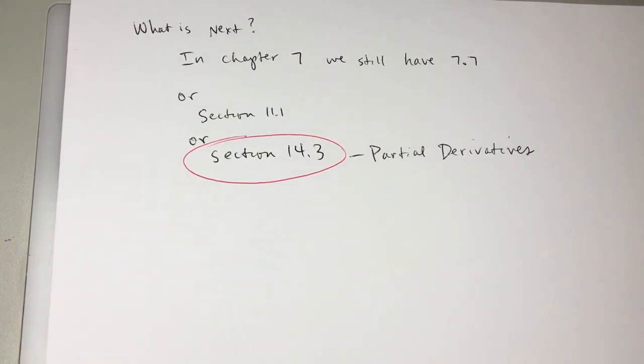And what's going on in chapter 14, and this is the only section we cover in chapter 14 in Calc 2, is you have functions that have more than one independent variable. So I'm going to write some of that up here.